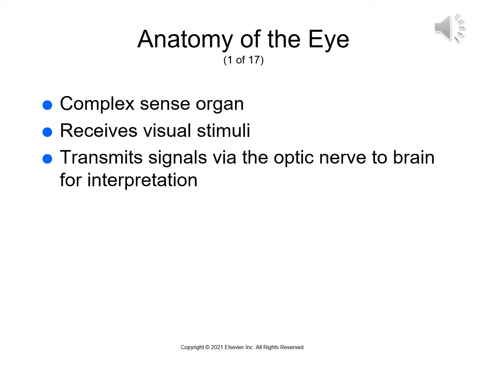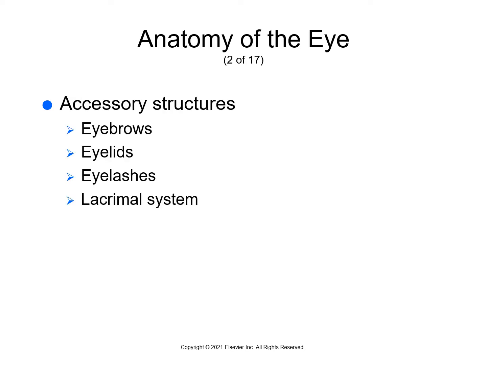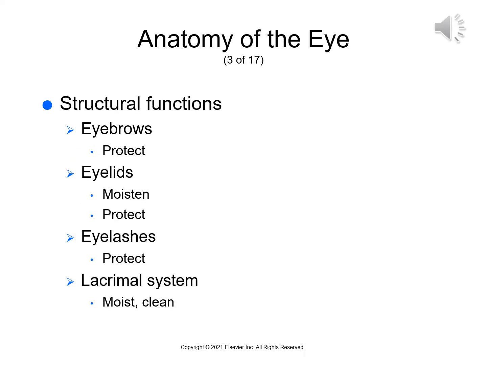Ciliary muscle arises in the ciliary body and attaches to the lens, altering its shape to accommodate near or distant vision. The iris is attached to the ciliary process and is positioned between the cornea and the lens.